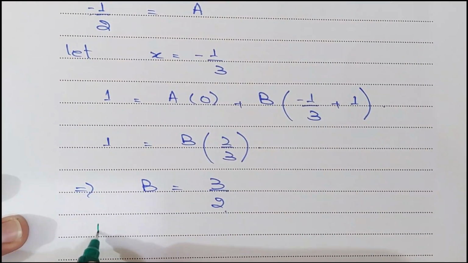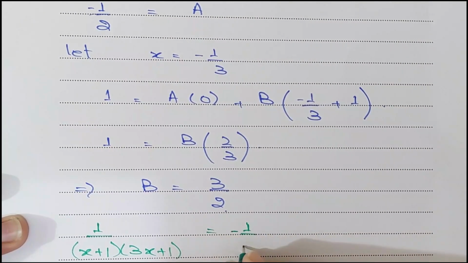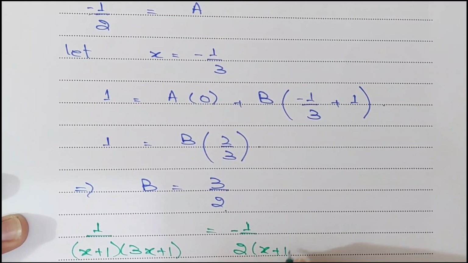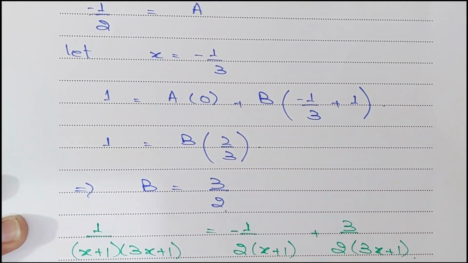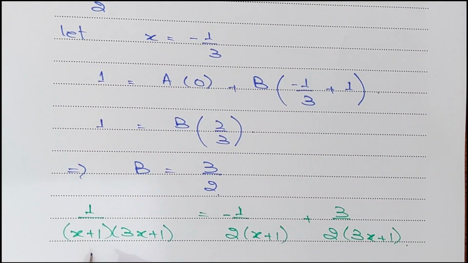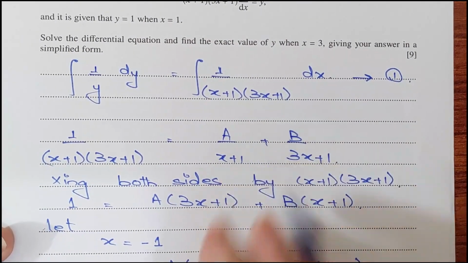So we have 1 over x plus 1 into 3x plus 1 equals a, which is minus 1 by 2 into x plus 1, plus b, which is 3 by 2 into 3x plus 1, right? Let me plug this answer of partial fraction into my equation number 1.